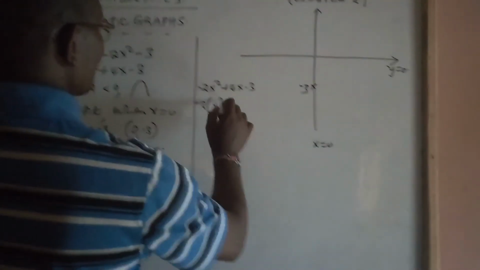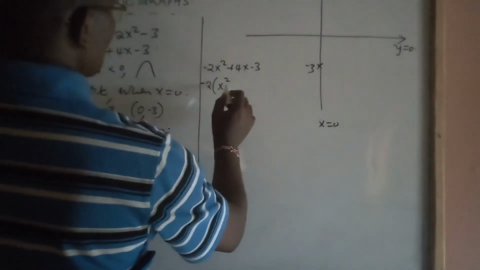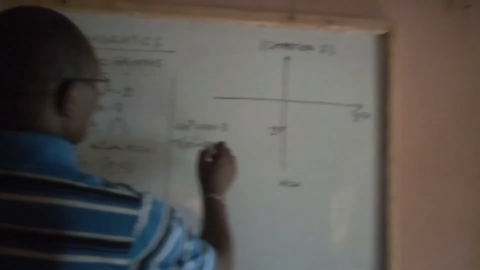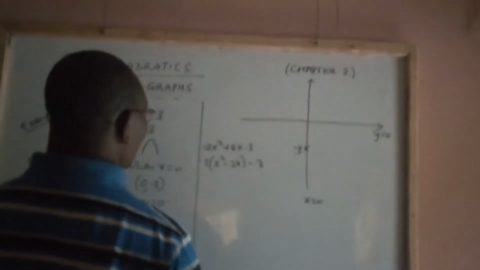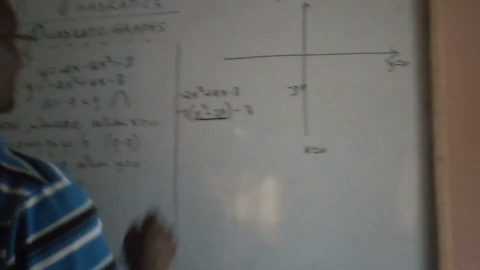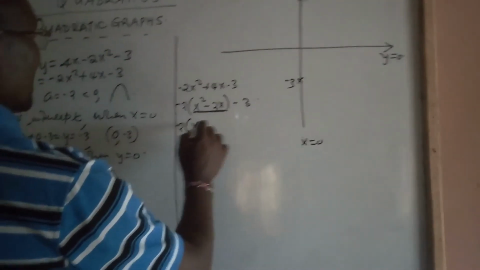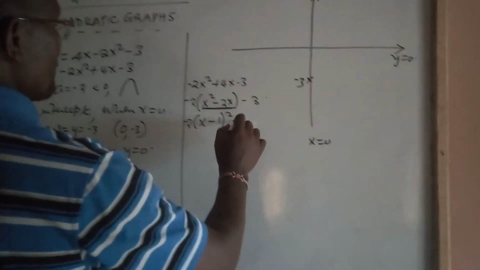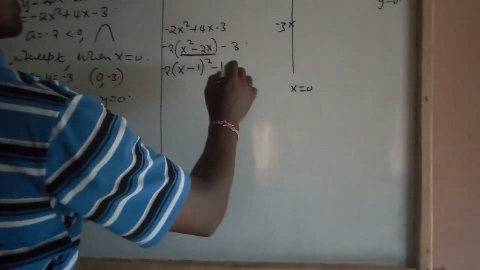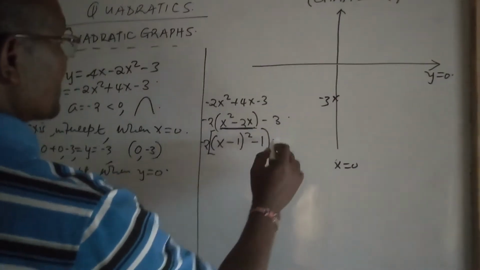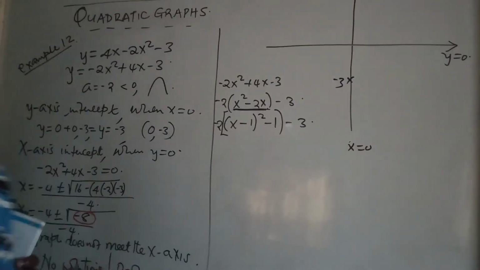Minus 2 gets out, so we have minus 2 times (x squared minus 2x), minus 3, such that when you open the bracket, you are left with positive 4x. We can now complete the square: minus 2 times (x minus 2 over 2, which is 1, squared, minus 1), and finally minus 3.